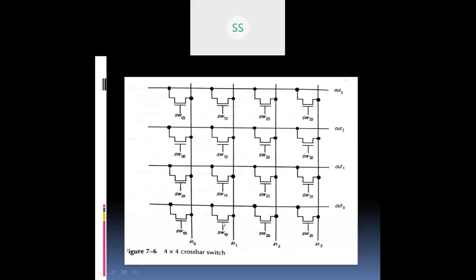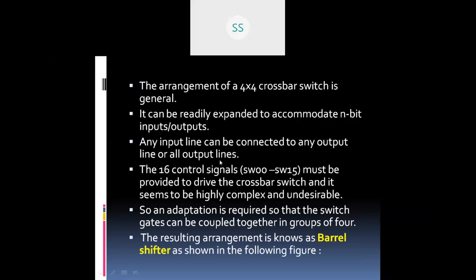In order to avoid the control lines to the individual transistors, some adaptation is done, in which the gates can be coupled together in groups of four. That is, four gates are grouped as one.